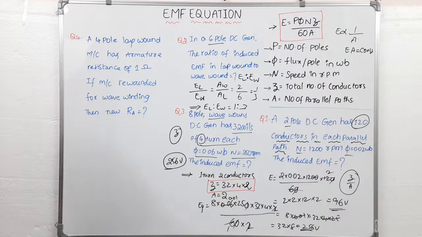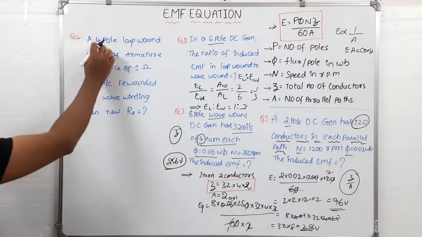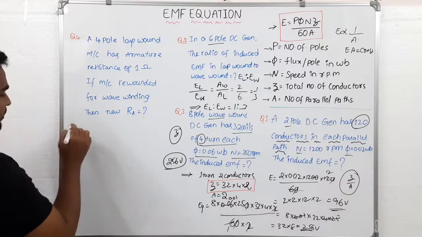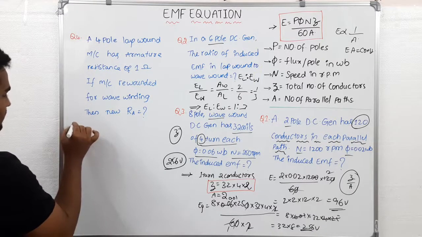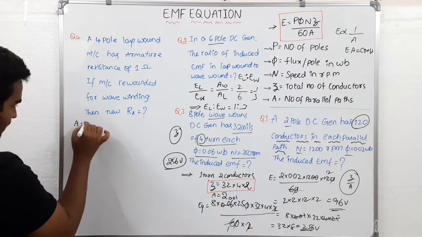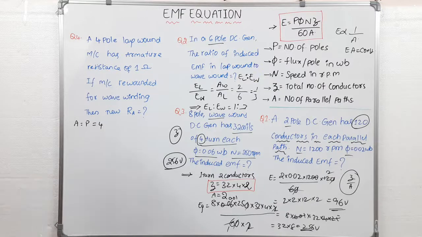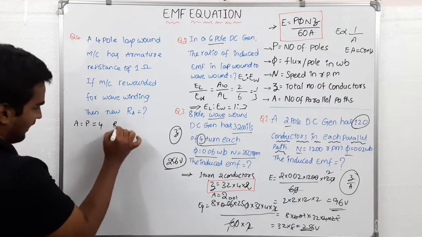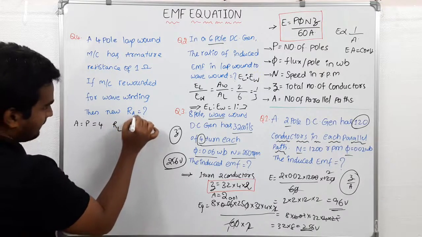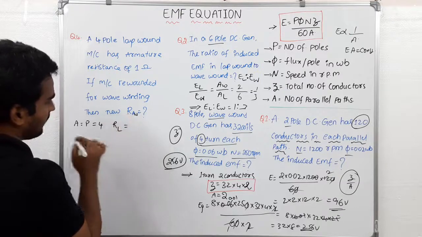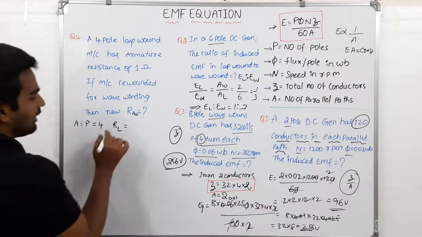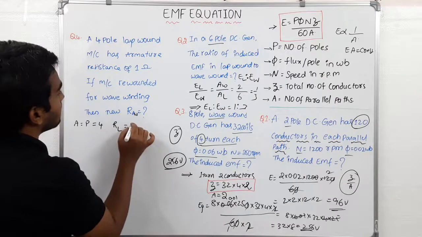This is a design oriented problem, and we know that if it is a lap wound machine, the number of parallel paths is equal to the number of poles, which is 4, and the given equivalent armature resistance when it is lap wound is 1 ohm.